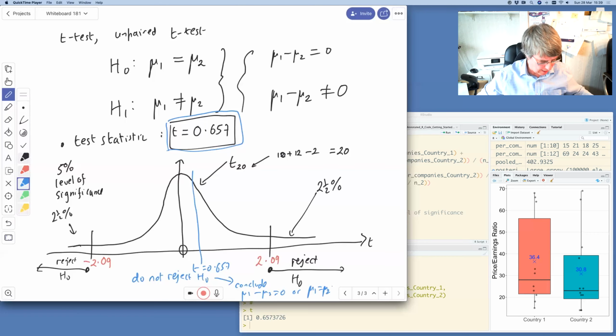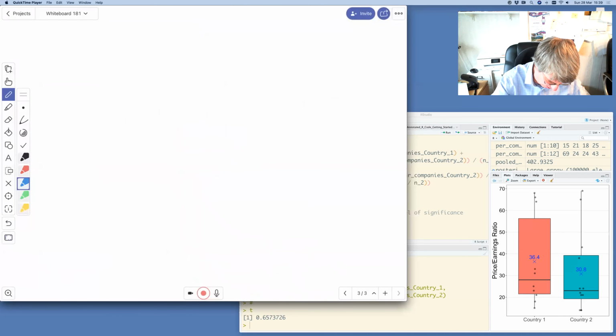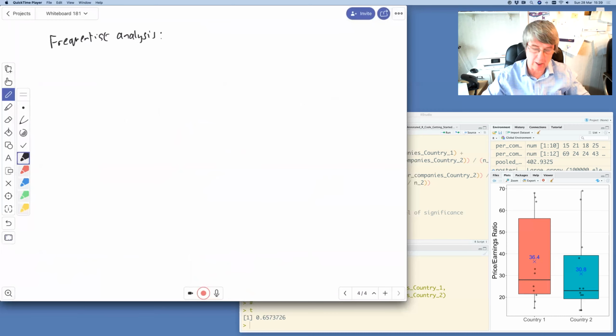So that's the standard t-test that we may have studied before. And that t-test is an example of frequentist analysis, because it's based on the idea of taking many samples of the data.